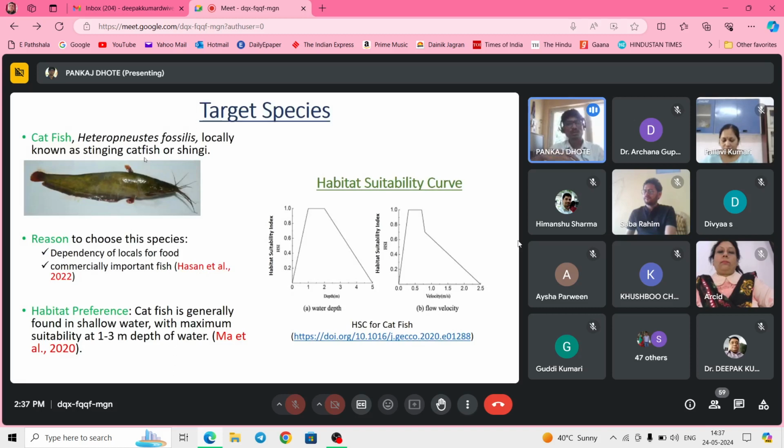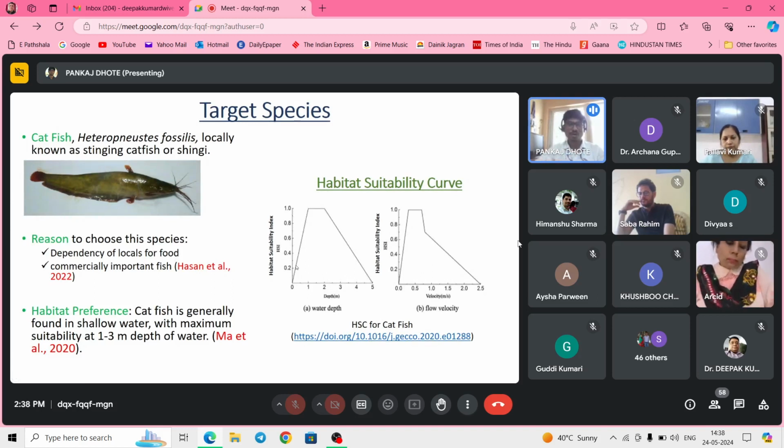Now to sustain the life of this particular fish, this is the minimum required. Based on the water depth, this is the habitat suitability index: the water has to be between 1 and around 3.5 meters, then it is the ideal position where a catfish can survive.